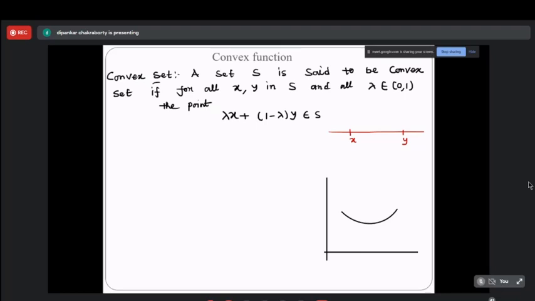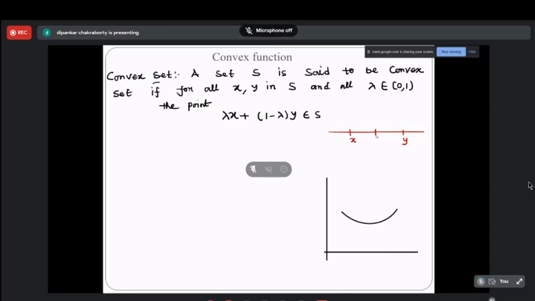If lambda equal to half? Anyone? If lambda is half, what does lambda x plus 1 minus lambda y give us? That will give us the midpoint of this interval.